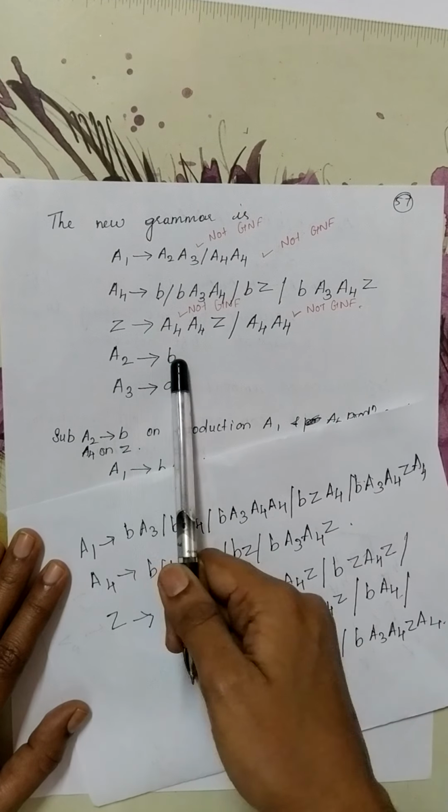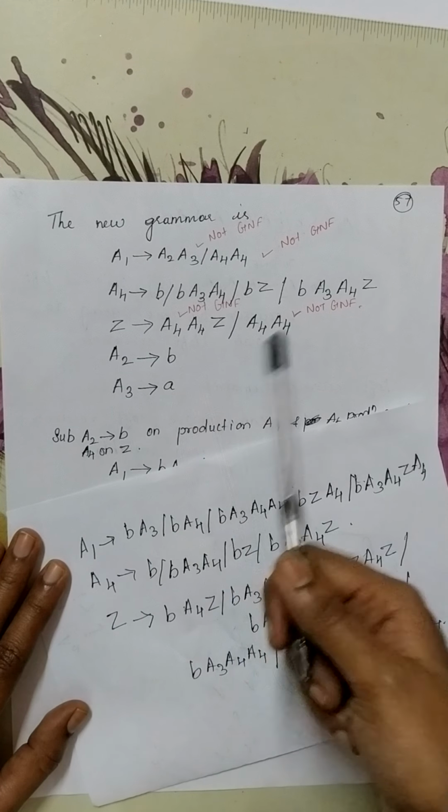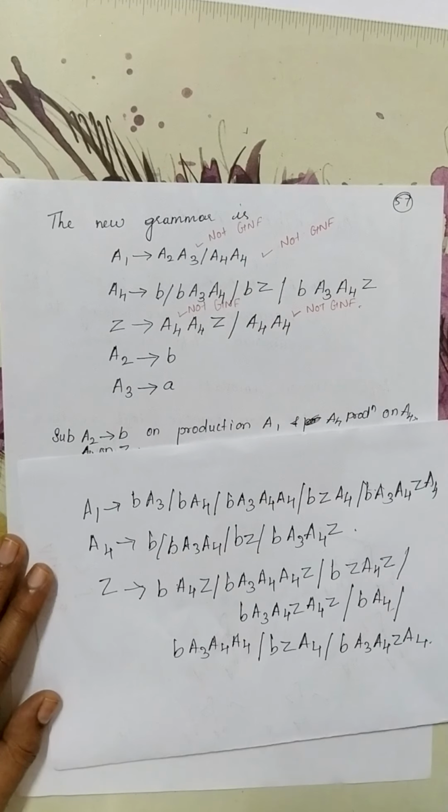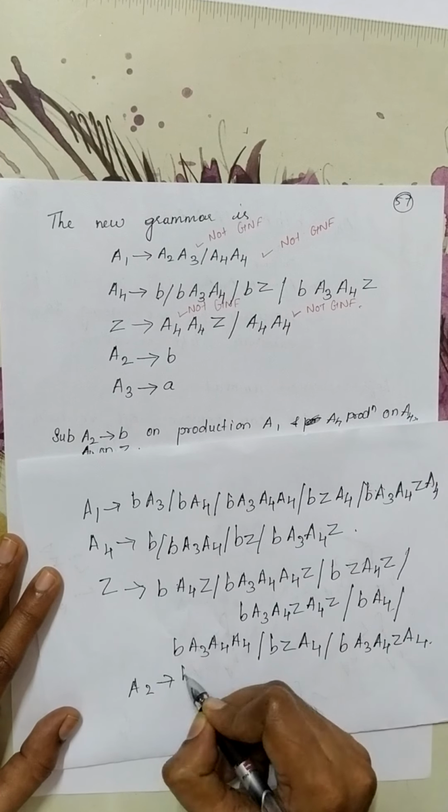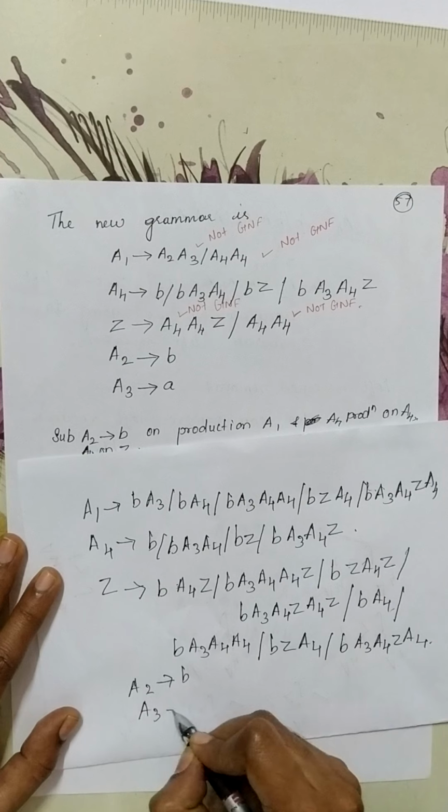Then we are having A2 gives B and A3 gives B. Then we are writing the remaining productions, A2 gives B and A3 gives B.